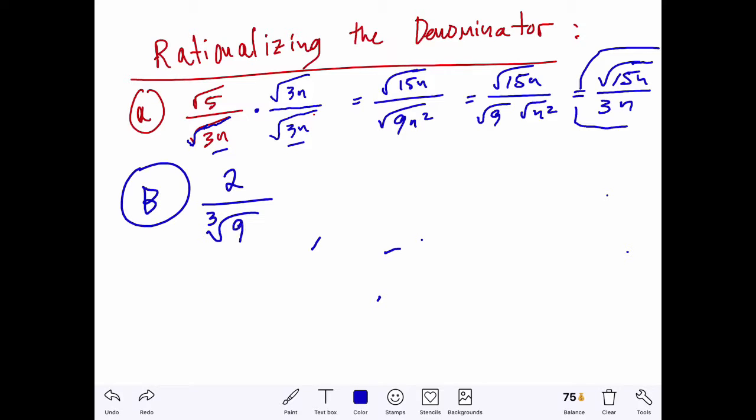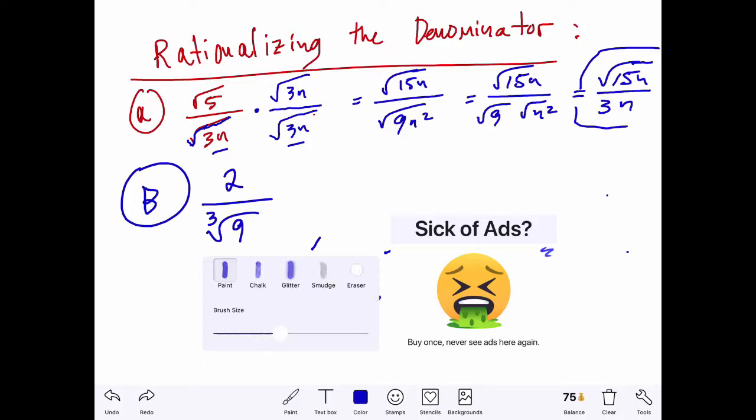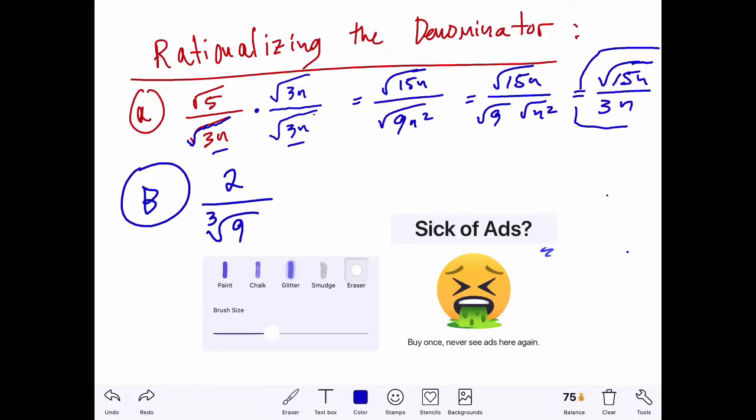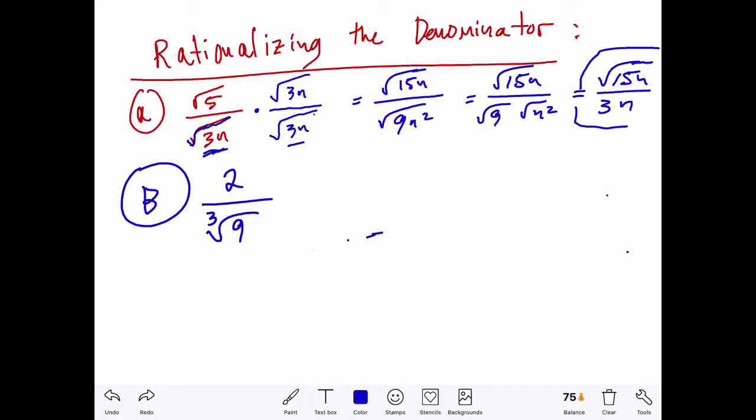Now, cube roots are a little more interesting because we don't just multiply by the exact same thing top and bottom as we did for the square root that's, say, underneath the radical like it was there with that 3n here, okay? Here we have to say, what are we going to multiply by the cube root of top and bottom that will get me to a perfect cube? Well, I have 9 here.